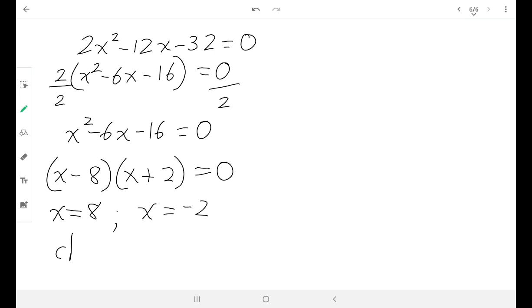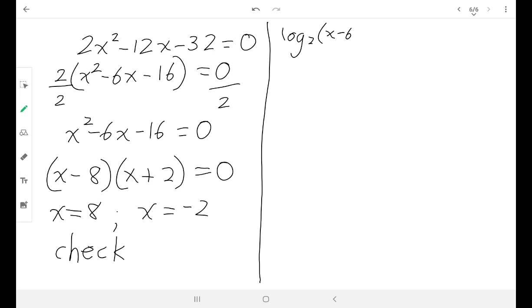and then you have to check them in the original. So in the original, let's do the checking over here. In the original, we had log base 2 of x minus 6 equals 5 minus log base 2 of 2x.